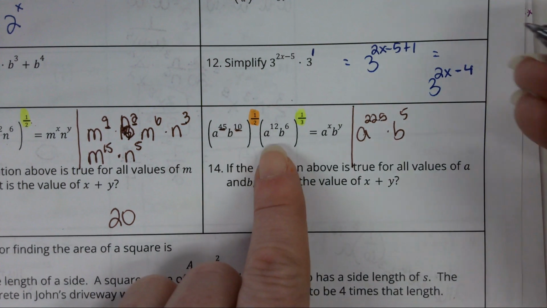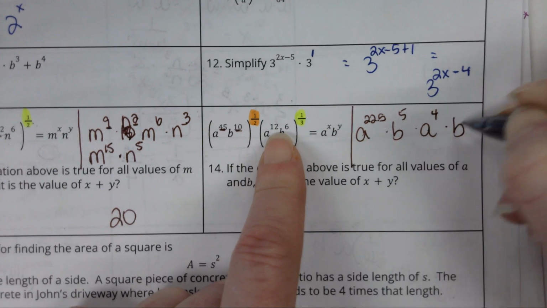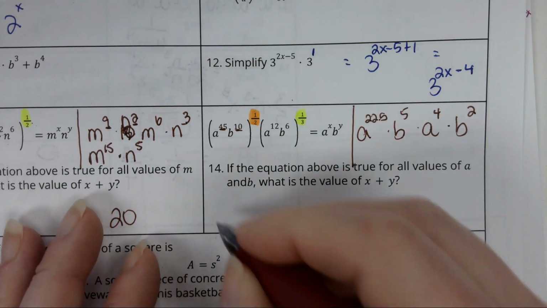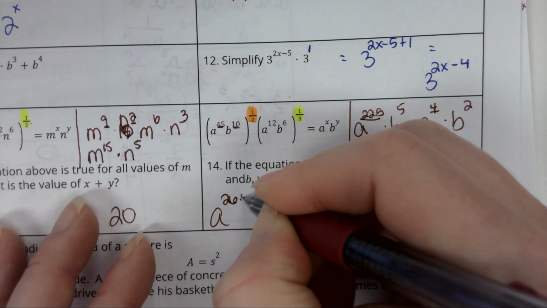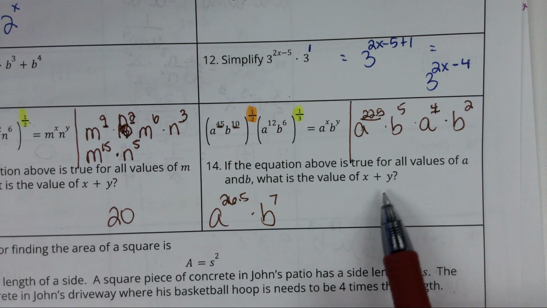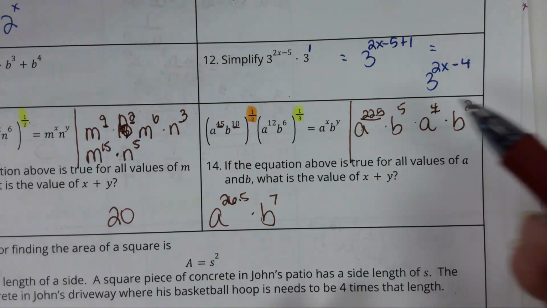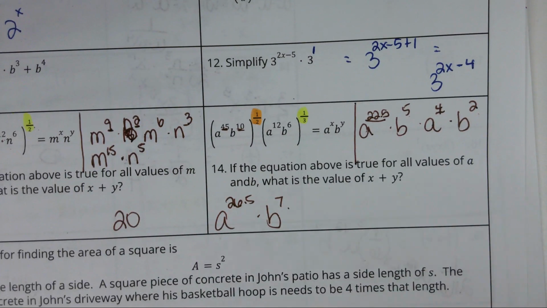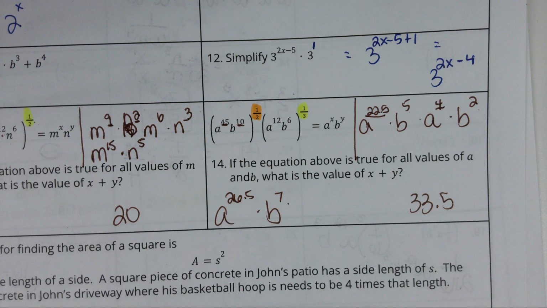Holy cow. A to the 4th, B to the 2nd. All right, so that's putting together, A to the 22.5 plus 4 is 26.5, and B to the 7th. What's X plus Y? 37. B to the 2nd, and B to the 5th I wrote as B to the 7th. Okay, that was long.